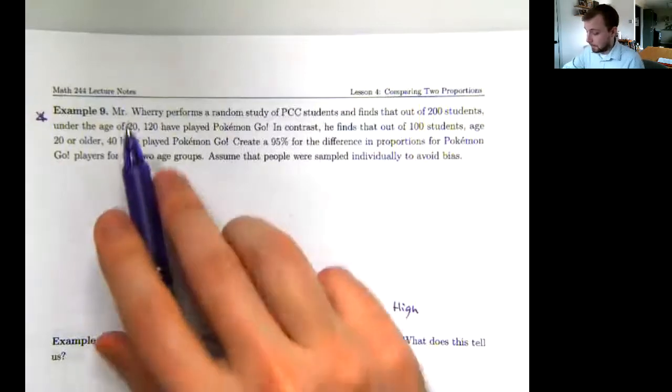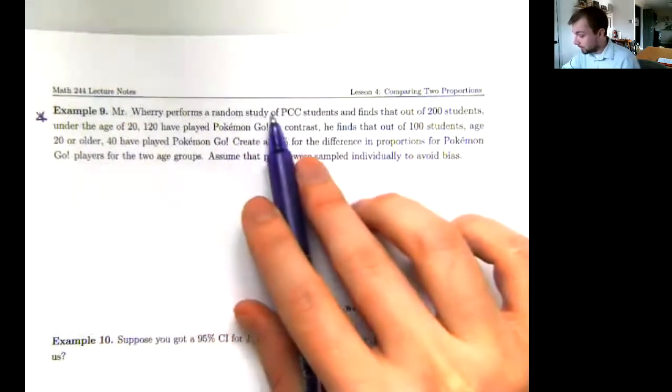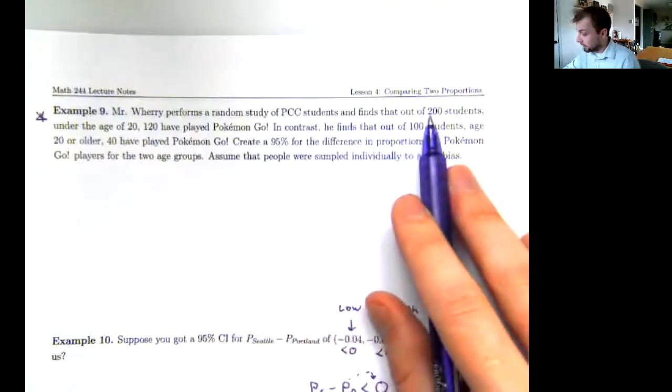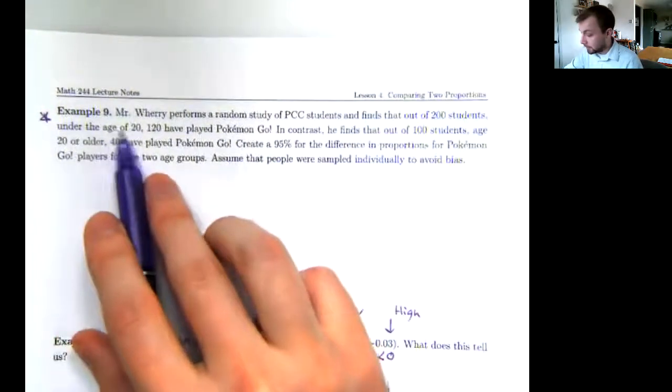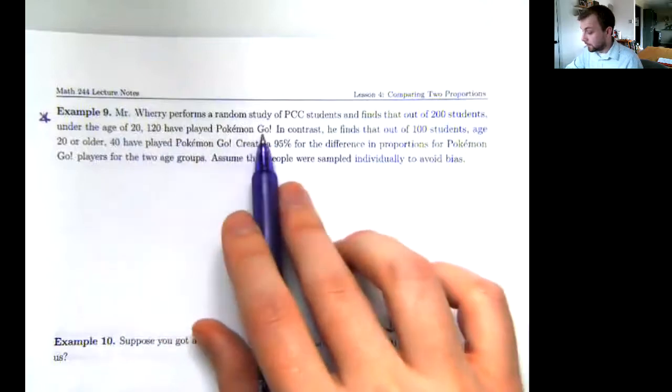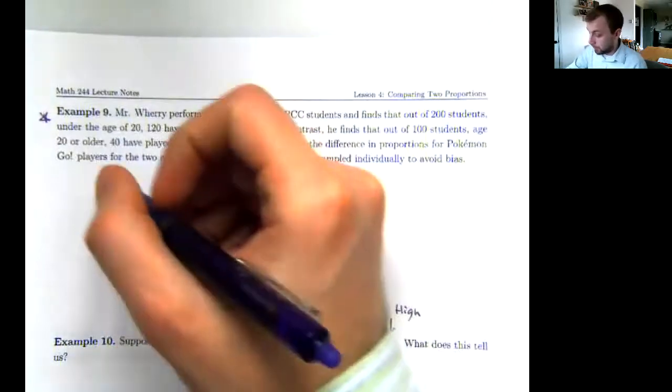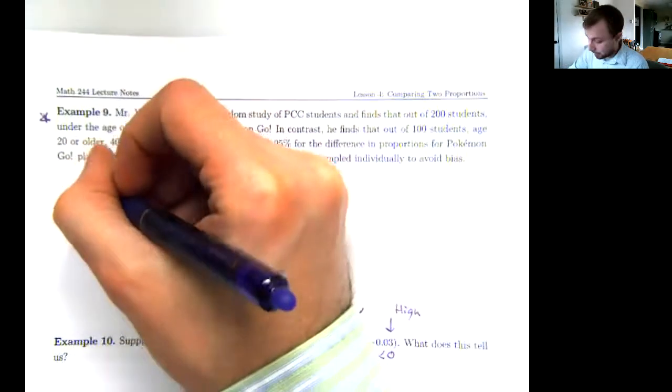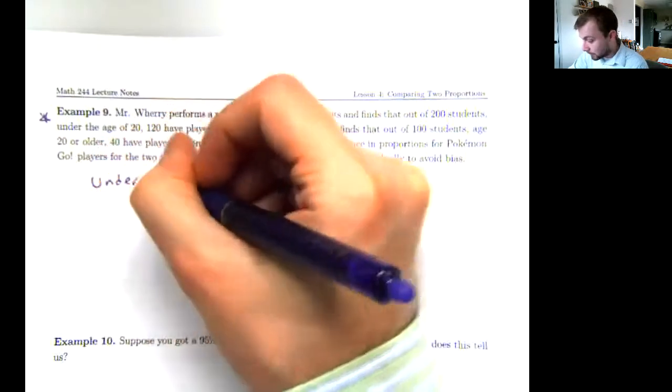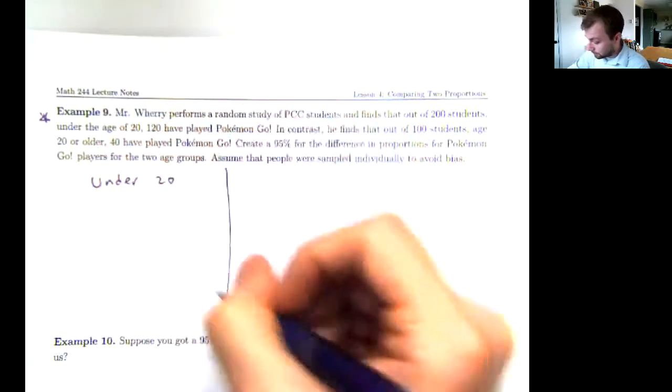Okay. Mr. Wary performs a random study of PCC students and finds that out of 200 students under the age of 20, 120 of them played Pokemon Go. So I'm going to have my under 20 group, and I'm just going to list everything as it comes up.